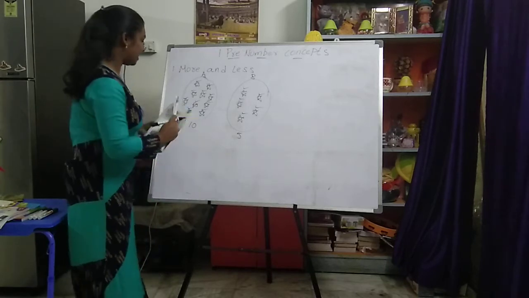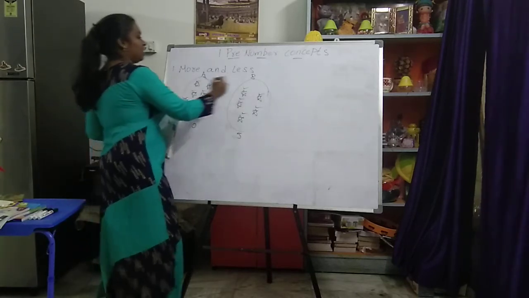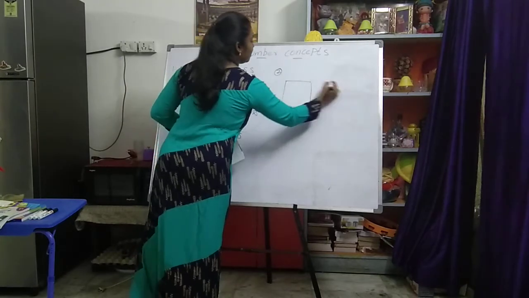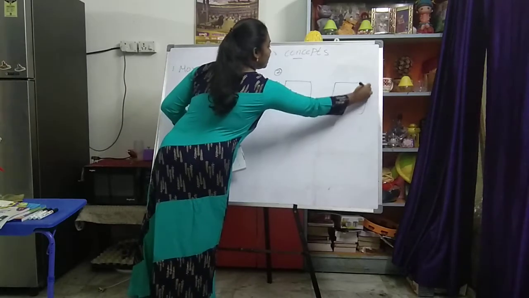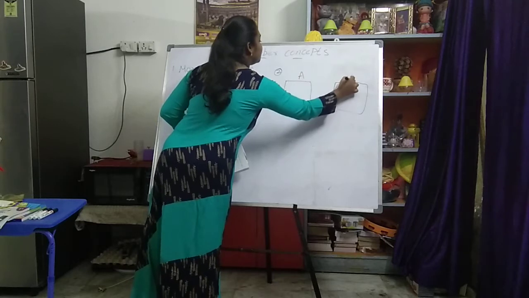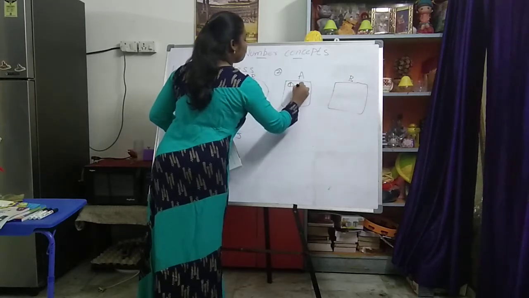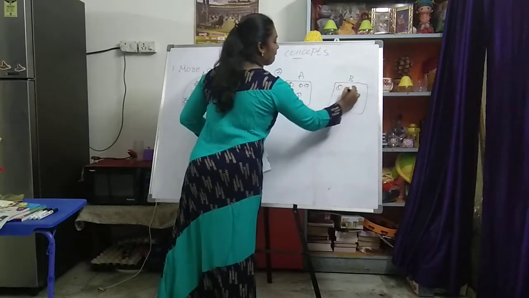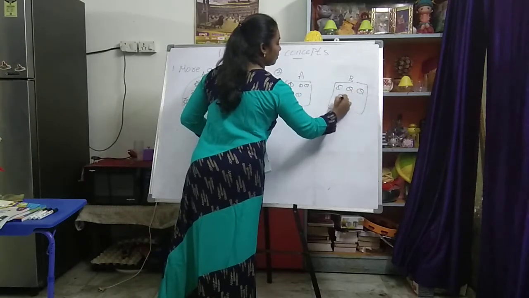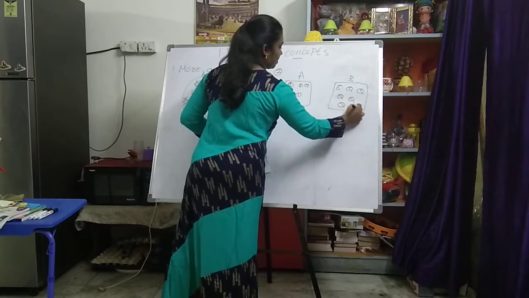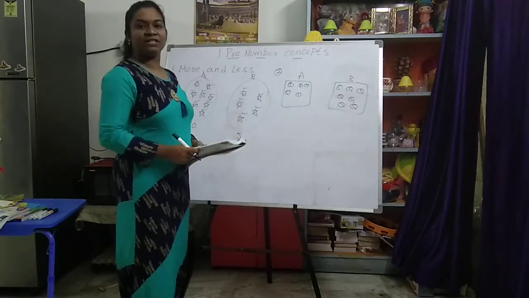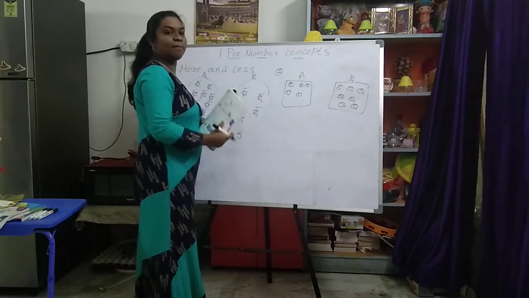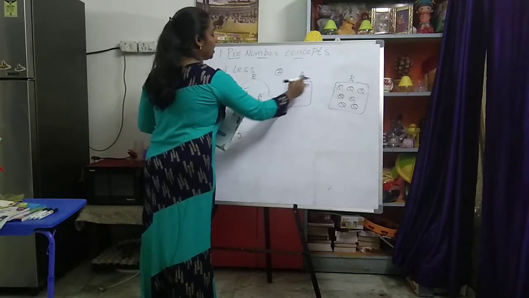If we take one more example, the second one. Now I have two boxes. One is A, one is B. I have few balls in it. See, here how many balls are there in A box? 1, 2, 3, 4, 5.